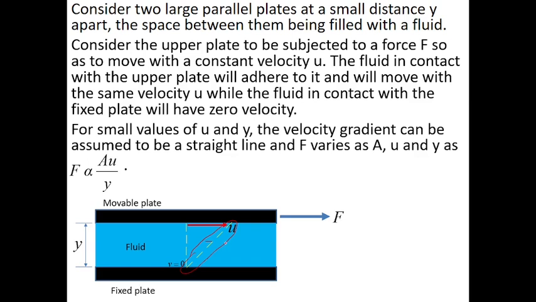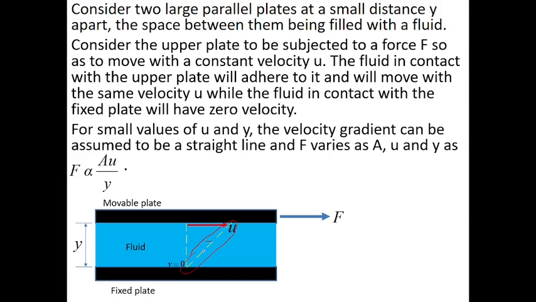And F varies as A, U, and Y. As F proportional to A, U over Y. So, pansinin natin, when we talk about velocity gradient, we're pertaining to the slope ng velocity.